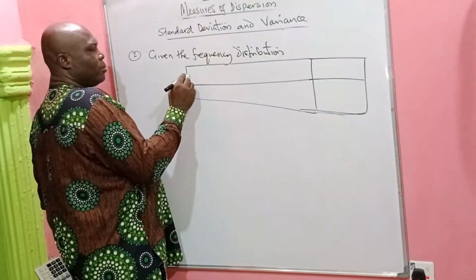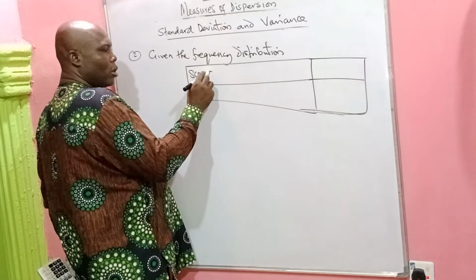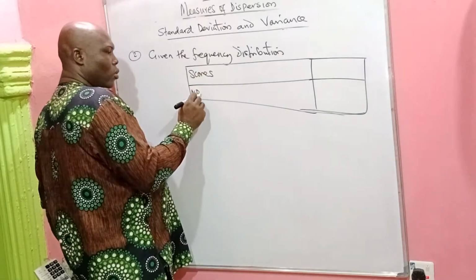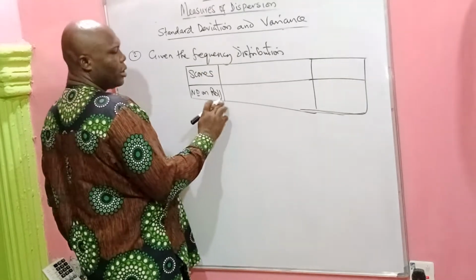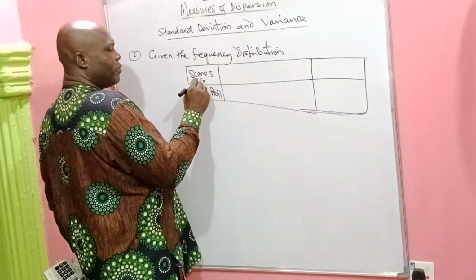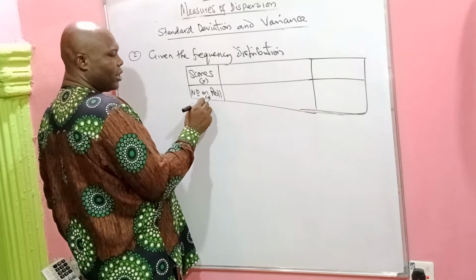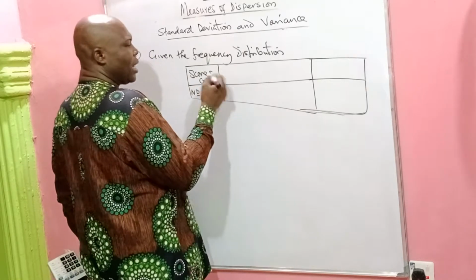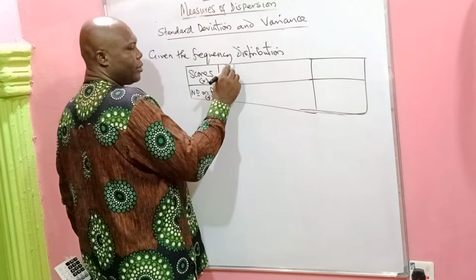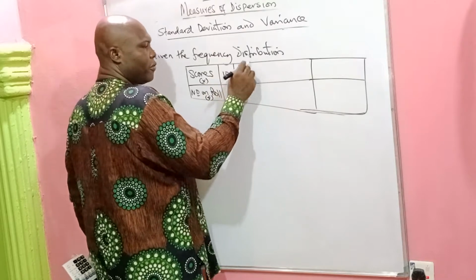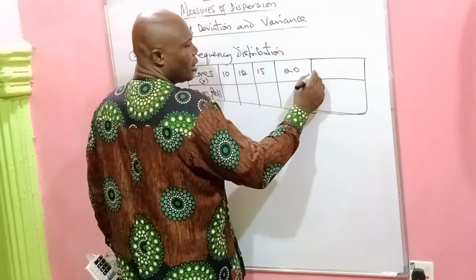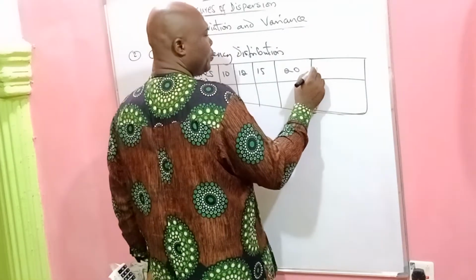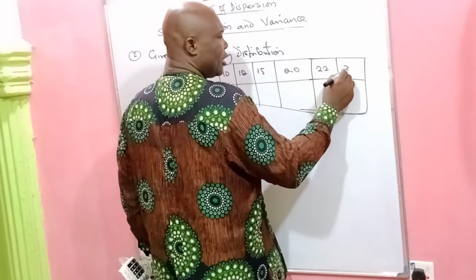So we have scores and we have number on row. Okay, so our scores is x, don't forget. Number on row is the frequency, don't forget that. Alright, so we have let's see 10, 12, 15, 20, 22, and let's say 30.